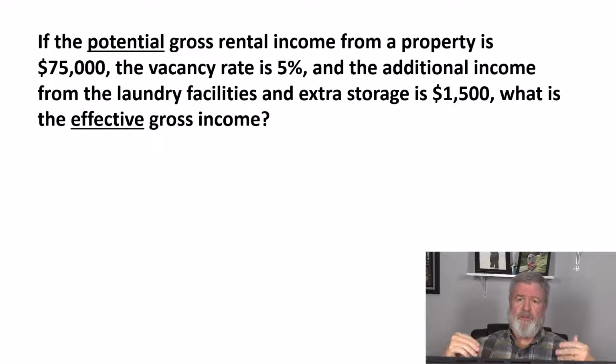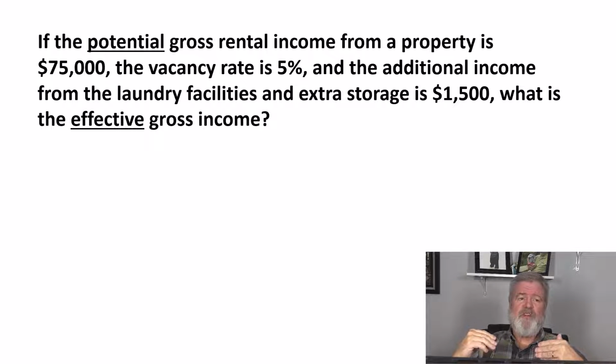The potential is really what it sounds like. This is how much I could potentially make, okay? And it says the potential is $75,000. But we have a vacancy rate here of 5%.